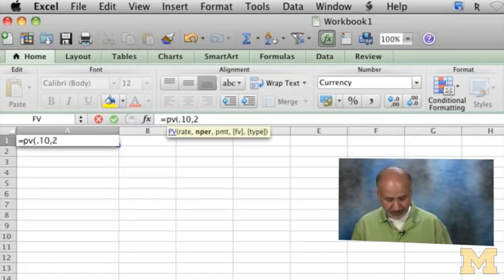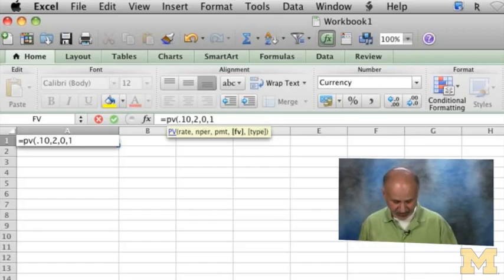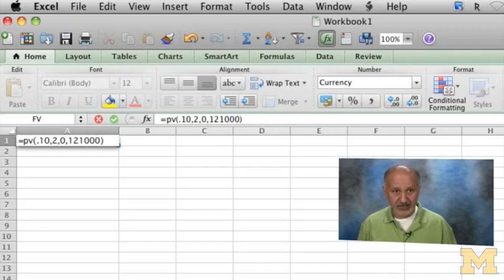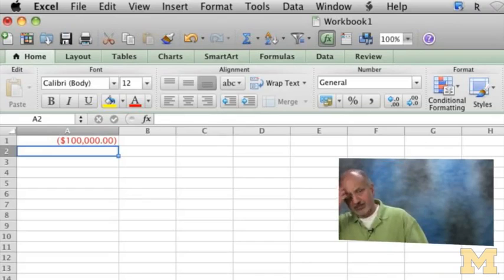Number of periods was 2. PMT, remember, is a flow every year. We don't have any of that. And now I'm supposed to tell you the future value, meaning tell Excel. Okay, so 121,000. I think I got it. If I didn't, shame on me. And let's see, $100,000, right?